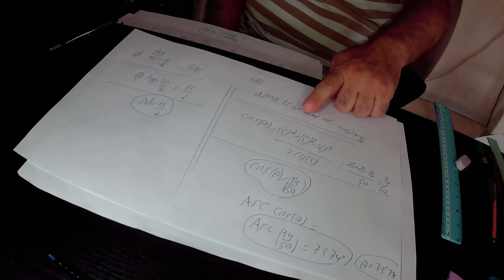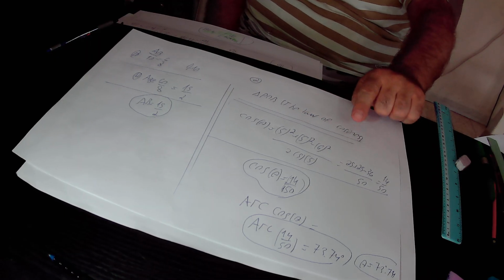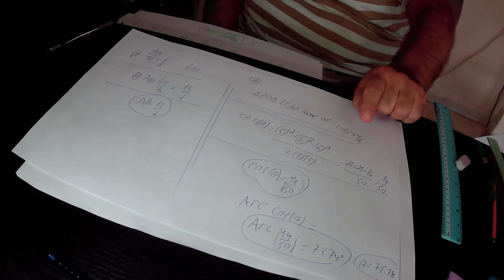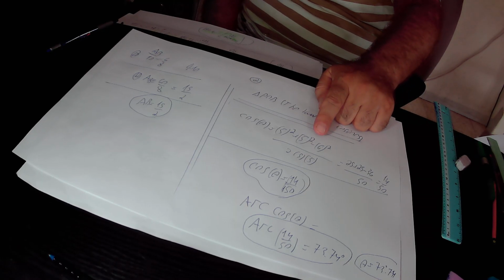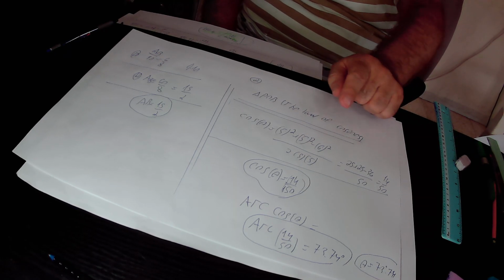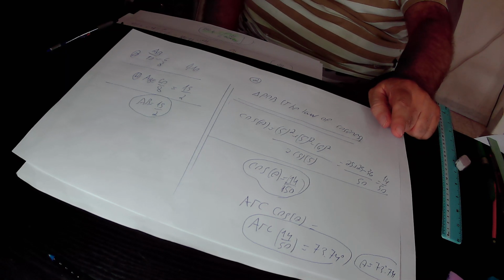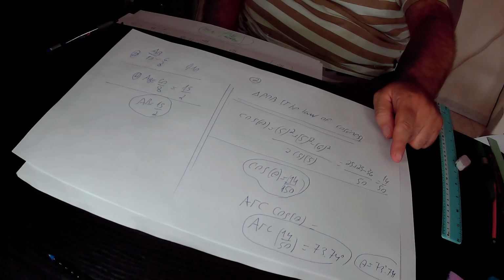So cosine theta equals 25 plus 25 minus 36, over 50. 25 plus 25 is 50, and 50 minus 36 is 14, over 50.